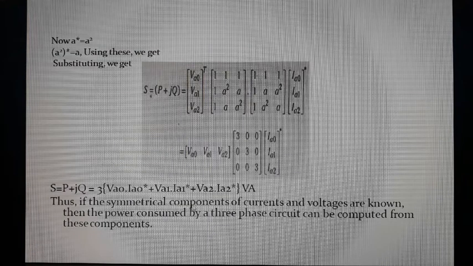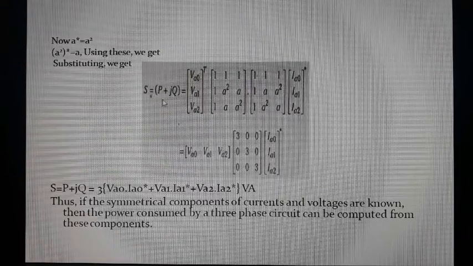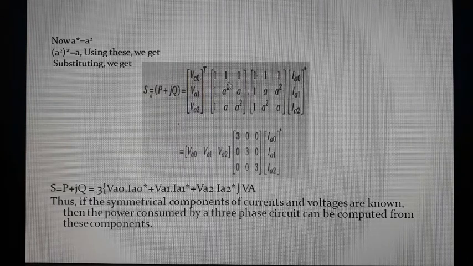So substituting V and I conjugate, S equal to P plus jQ is equal to Va0, Va1, Va2 transpose, times the matrix 1 1 1, 1 a square a, 1 a a square, connected to this. And the conjugate matrix can also be written like this, where a becomes a square when the conjugate is taken, next to Ia0, Ia1 and Ia2 whole conjugate.